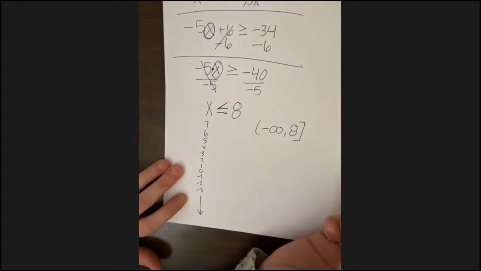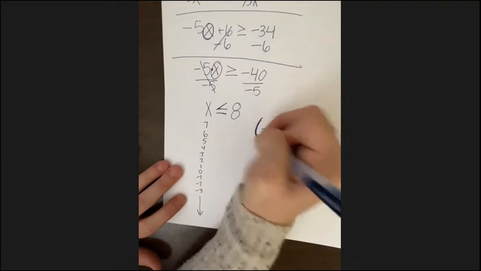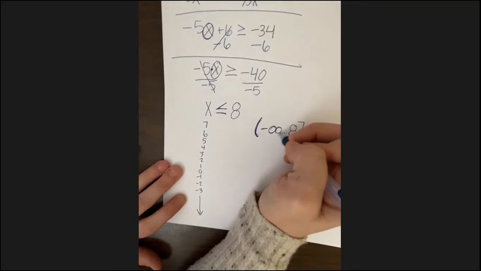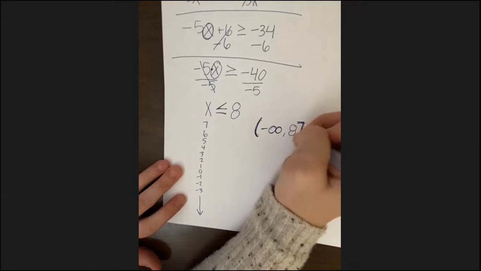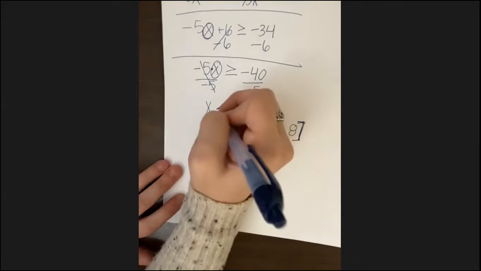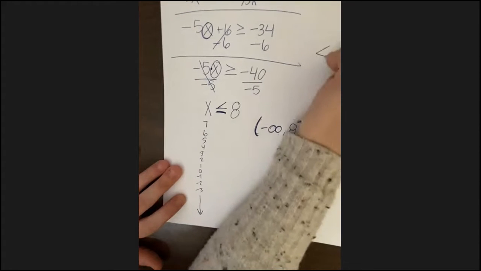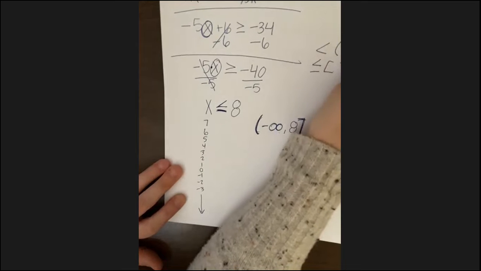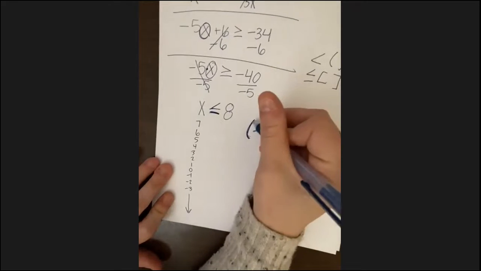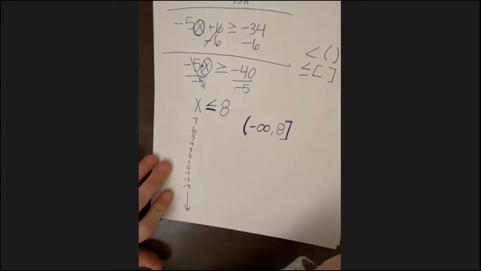Does that make sense? And this has a parentheses because any infinity is going to have a parentheses, and this is a bracket, remember, because it has the equal to with it. This is just parentheses, but this is brackets. But you never put a bracket around an infinity sign.